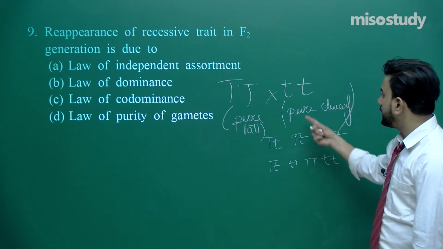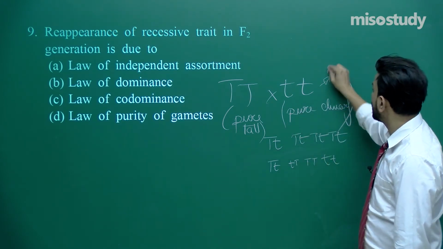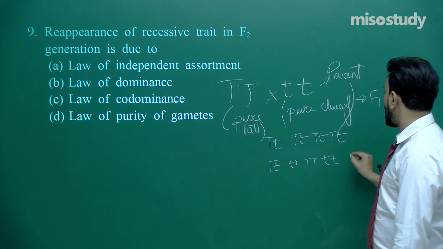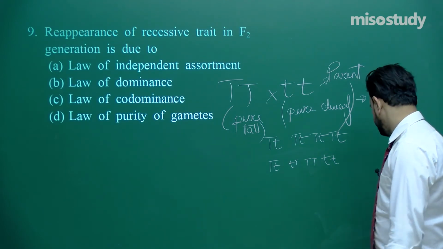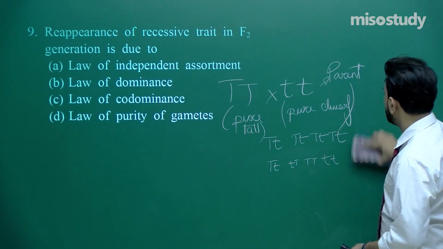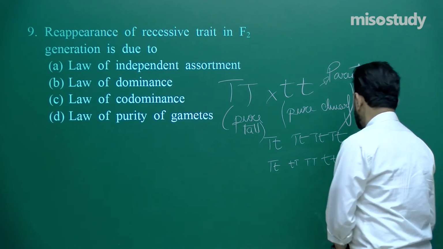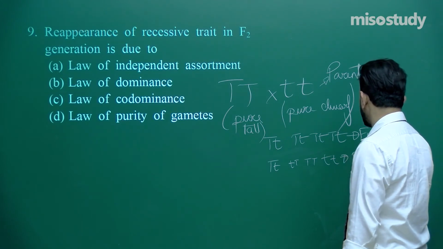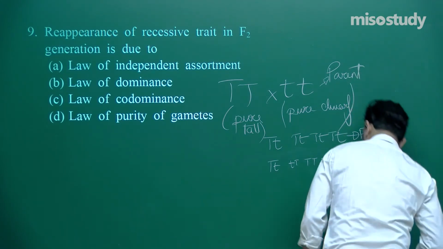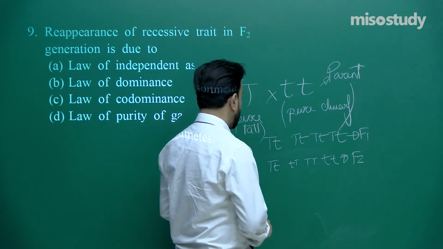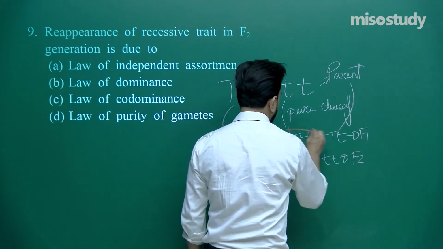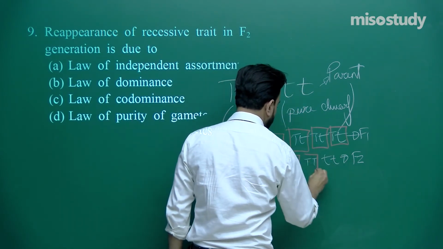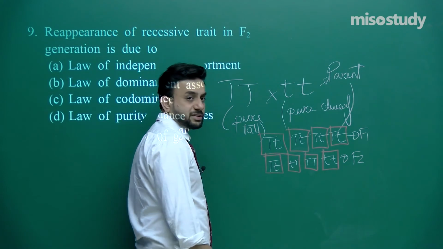So here we see this was the parent group. This is the F1 generation, and this is the F2 generation.